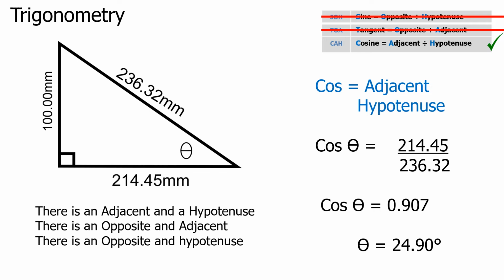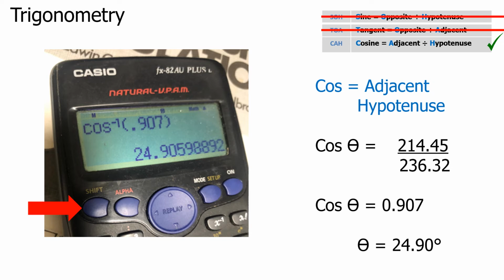Remember, we're looking for the angle, so it's inverse cos 0.907. Our answer is 24.90 degrees. I was looking for the angle, so it's shift cos, or cos to the -1.